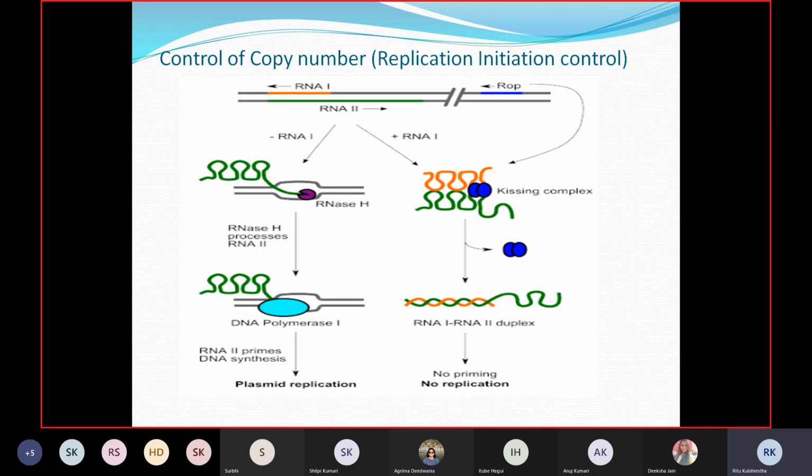Now let's say that I find a plasmid vector which I am very interested to use, but it has a low copy number. In which way can I increase its copy number? Can you think of some way by which I can increase its copy number, considering that this plasmid is dependent on this method of copy number control?